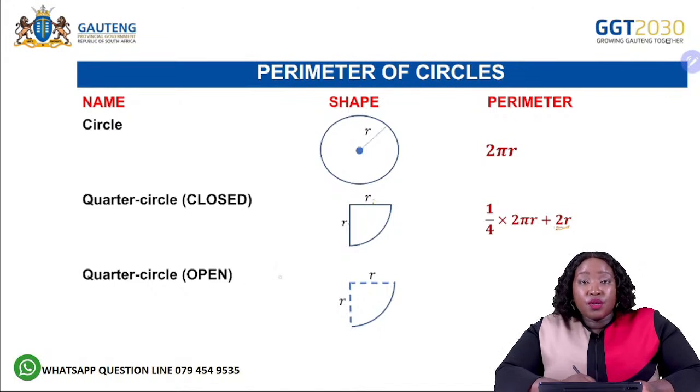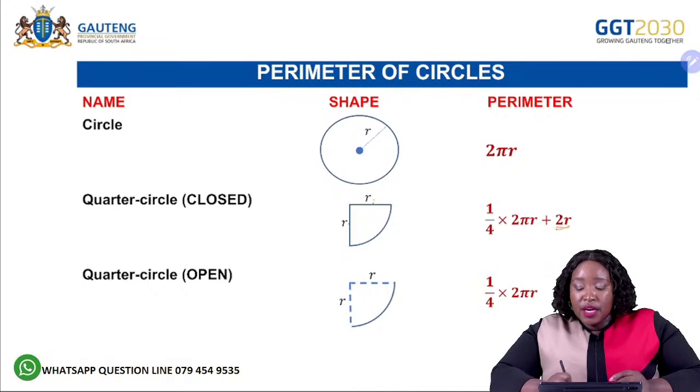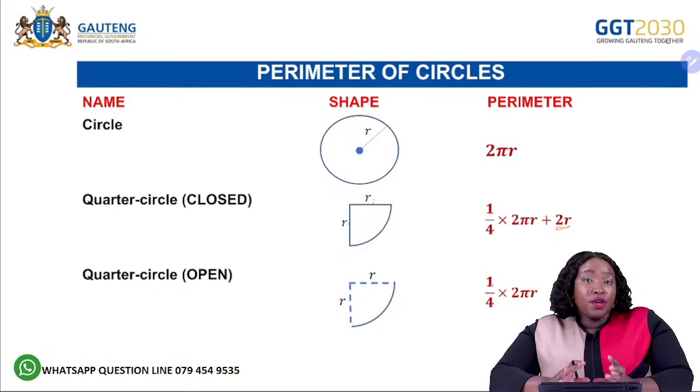A quarter circle that is open, you do not add the 2 radii, you'll just have a quarter times 2 pi r. Okay. Most important formula for you to write down is 2 pi r, that is the perimeter. Then everything else is based on the type of shape you are given.